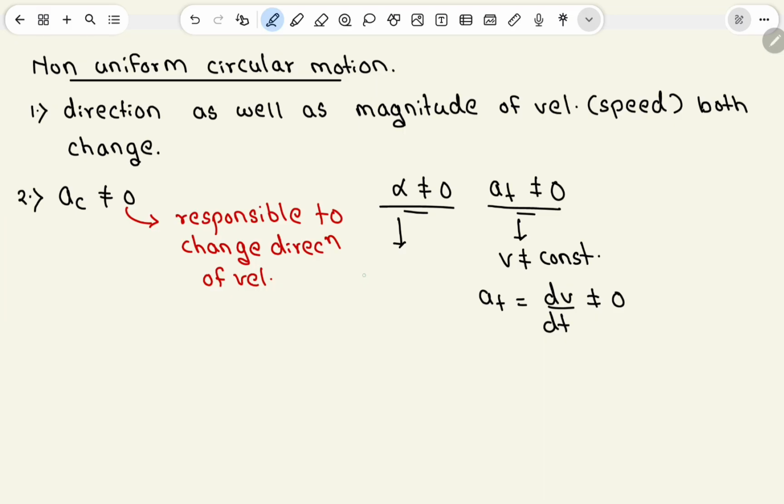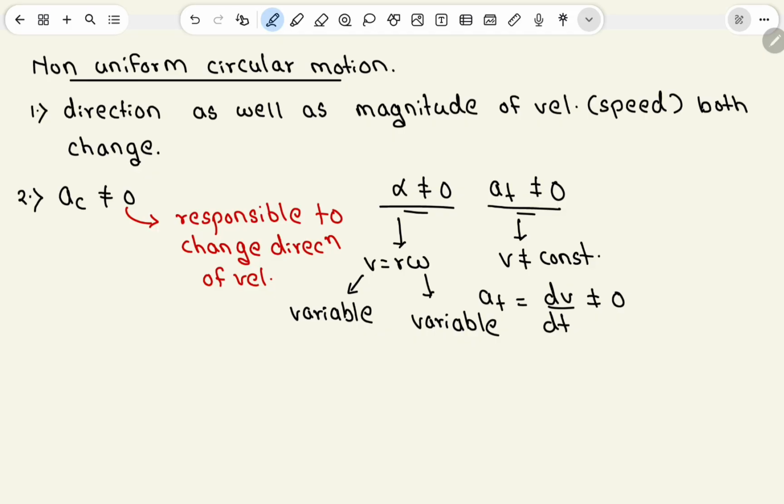Now let's discuss why alpha is not equal to 0. So we saw that v is equal to r omega. This was the magnitude equation. V is variable. The radius value of the circular path does not change, but v is variable, therefore omega also has to be variable.